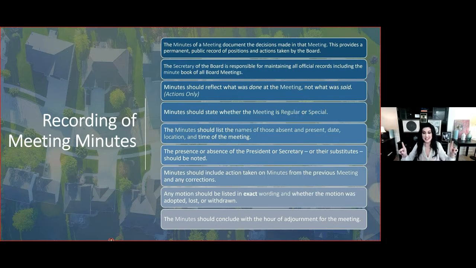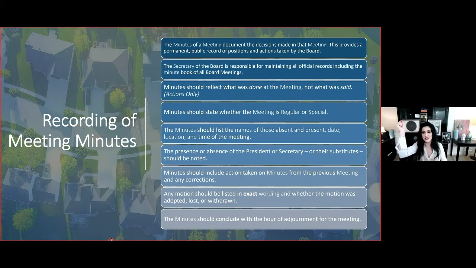Those are two distinct officer positions of the association. Now, the president can oftentimes be the treasurer too. The vice president may also be the secretary. That's no problem. But the president and the secretary cannot be maintained by the same individual.